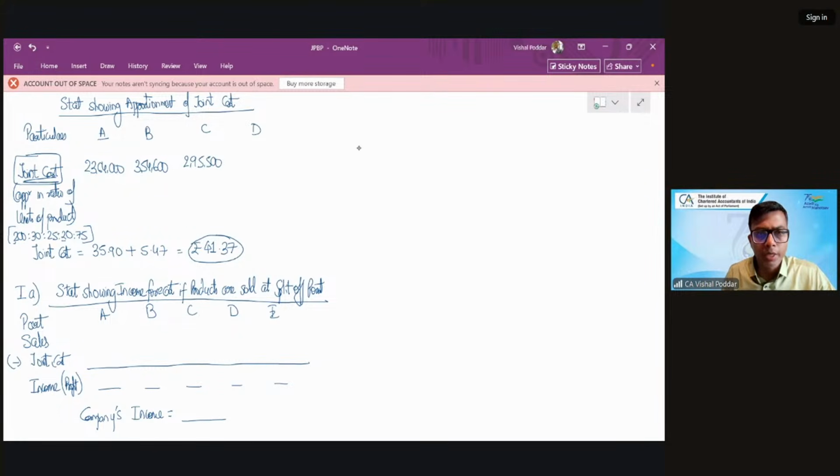For D, it is 236 400. Students, you all can do one thing in the meantime. You can start solving the next part, that is finding out profits. And for E, 886 500.